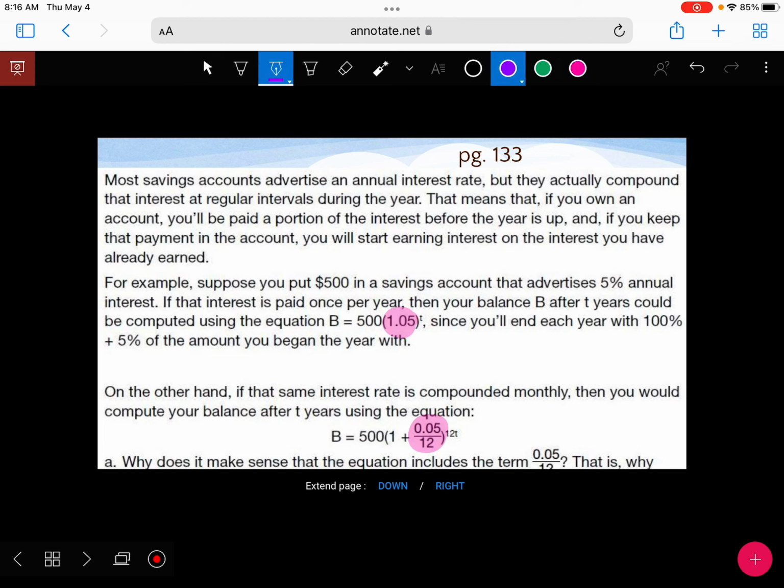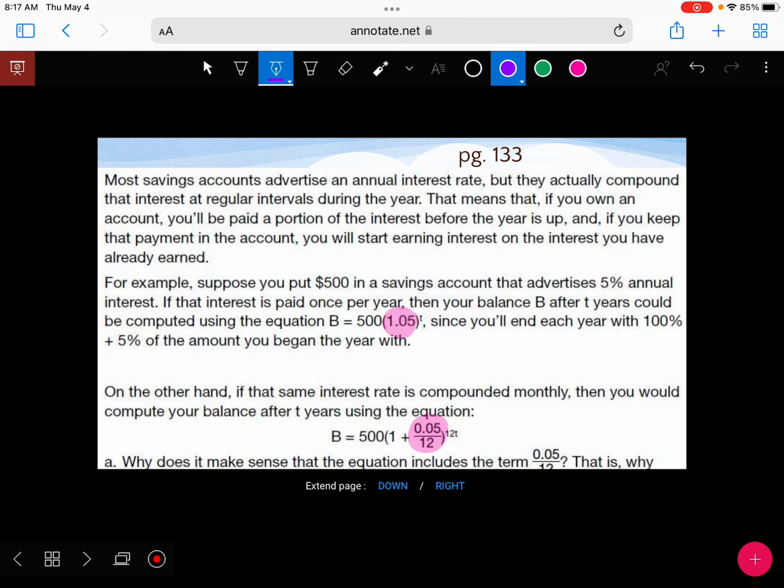Go ahead, Amber. Is this dividing the 5% by 12 months in a year? Yeah, we're dividing it by the 12 months in a year because if I put 5% of my interest in every month, I would definitely not be getting 5% over the course of the year. I'm getting way more.